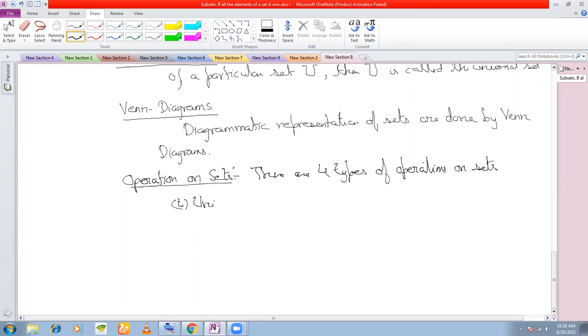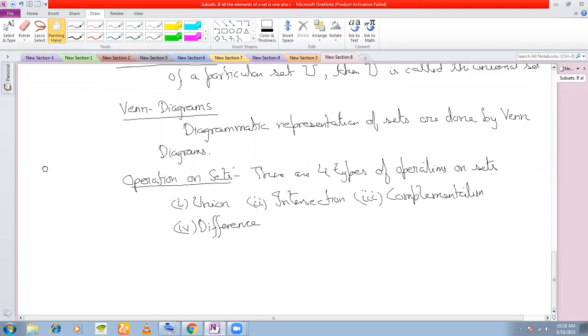Union, intersection, complementation, and difference. 4 types of operations on sets.